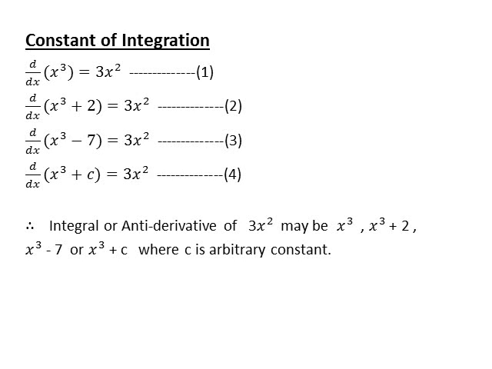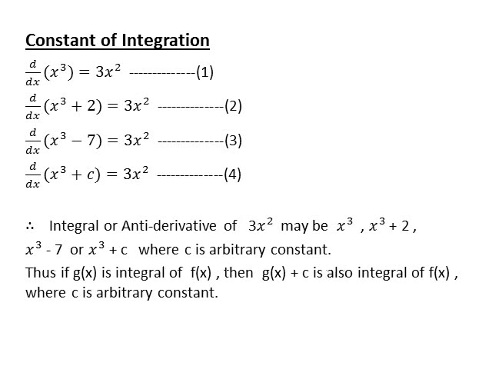This arbitrary constant c is known as the constant of integration. From here we conclude that if g(x) is an integral of f(x), then g(x) plus c is also an integral of f(x), where c is an arbitrary constant, known as the constant of integration.